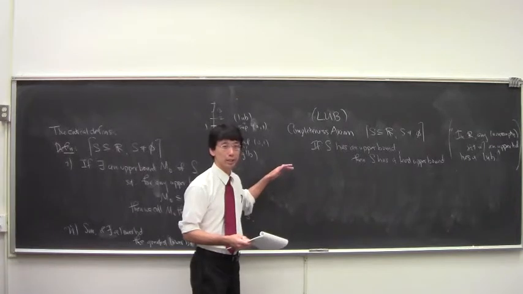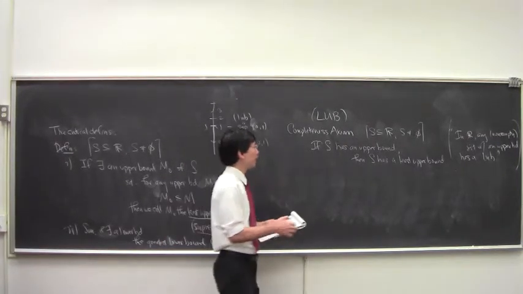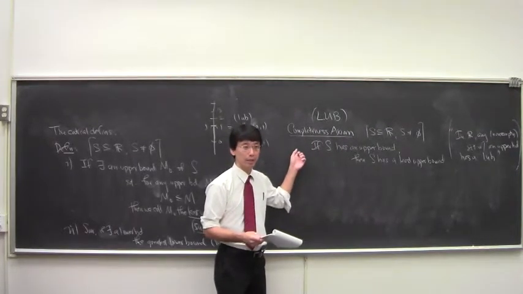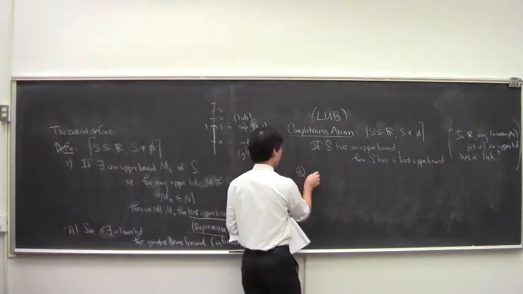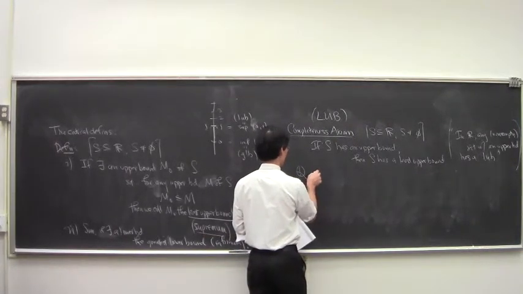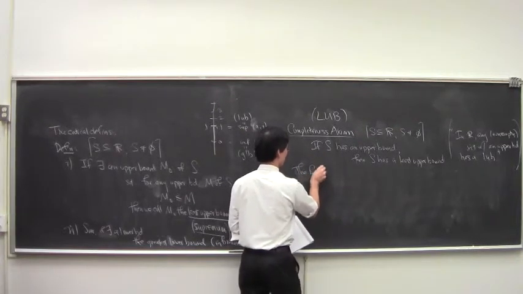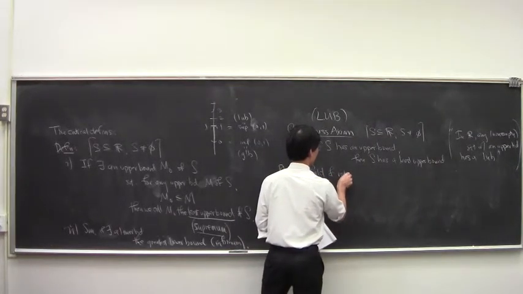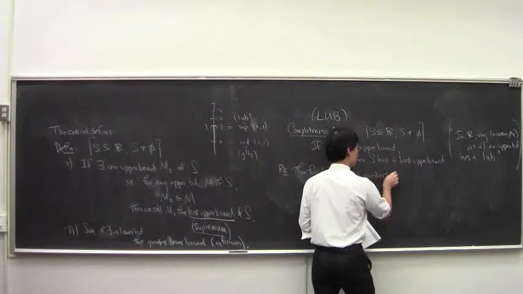So you're guaranteed a least upper bound, and this is the fact that Q does not satisfy, right? The field of rational numbers Q does not satisfy this.